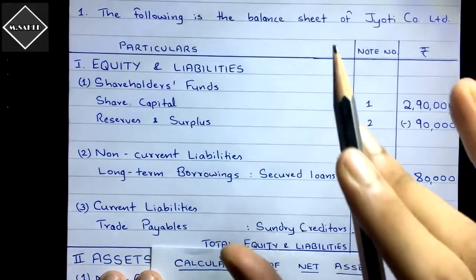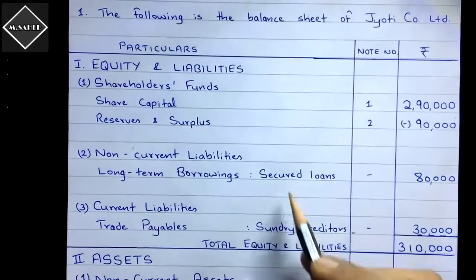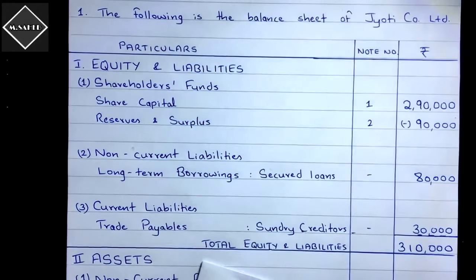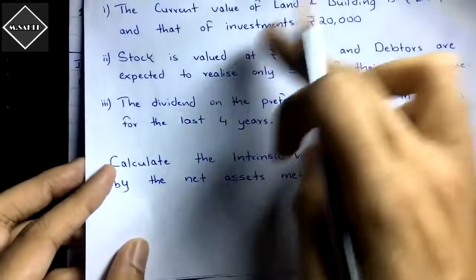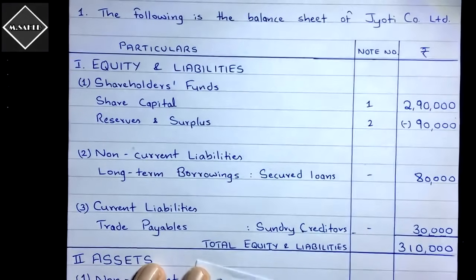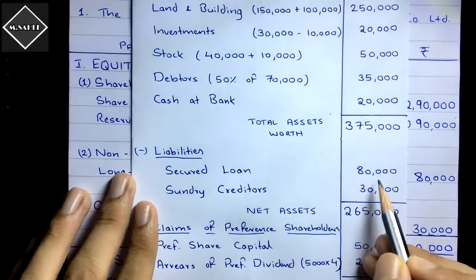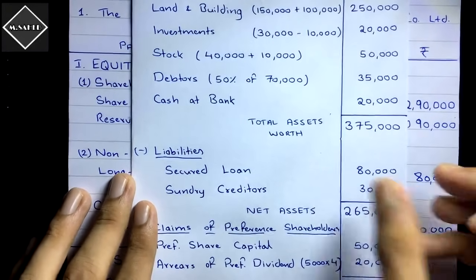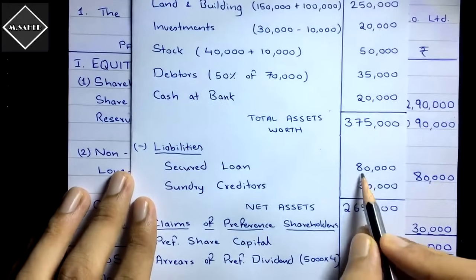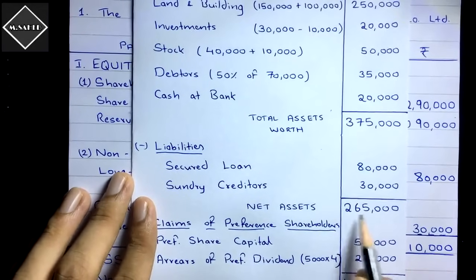We will deduct only the liabilities. The liabilities are secured loan and sundry creditors, 80,000 and 30,000, and there are no adjustments regarding those, so we directly deduct them. 3,75,000 minus 80,000 minus 30,000 is equal to 2,65,000.